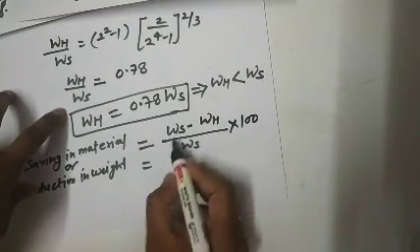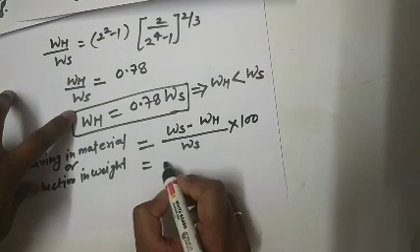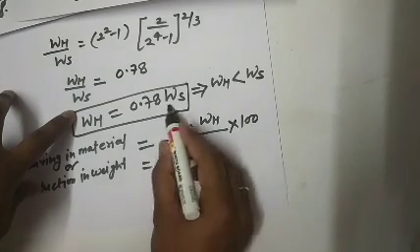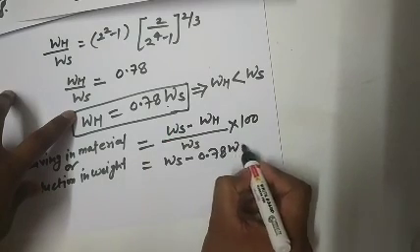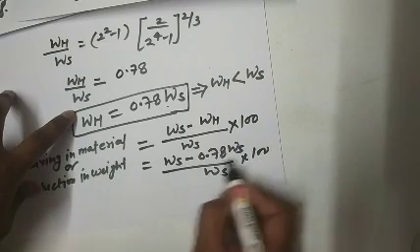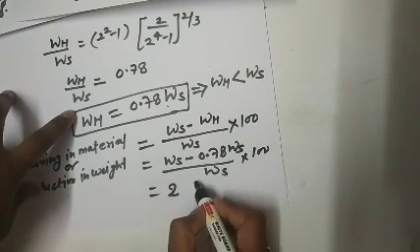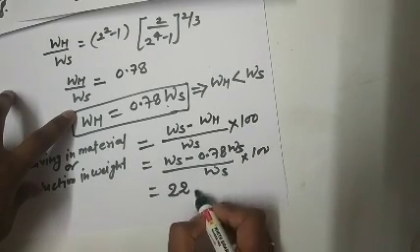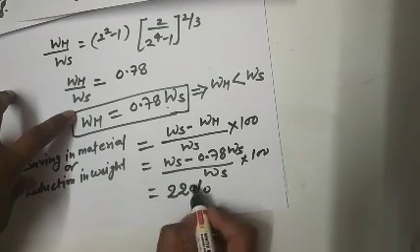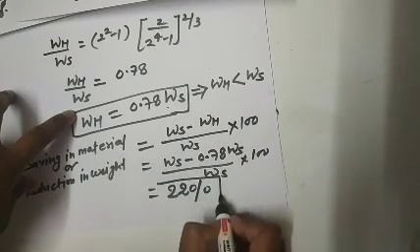In this case it will be (weight of solid shaft minus 0.78 Ws) upon weight of solid shaft into 100, so it is 22%, right? That is the percentage reduction in weight.